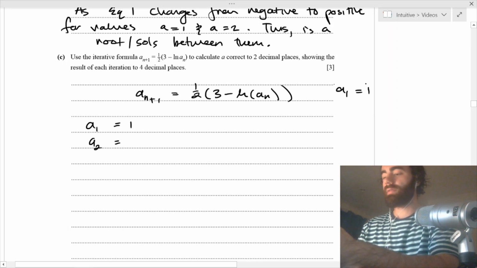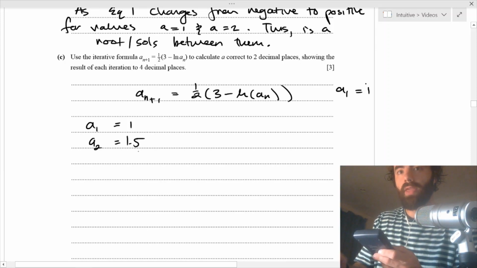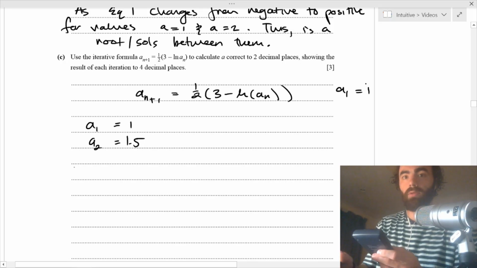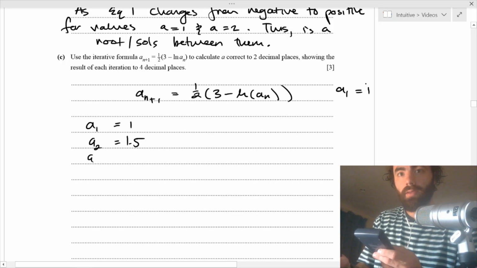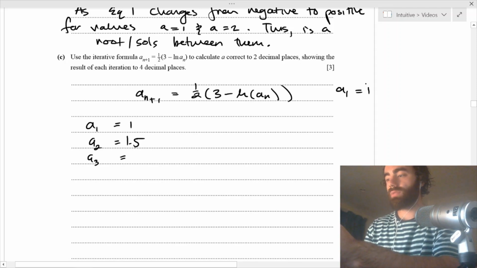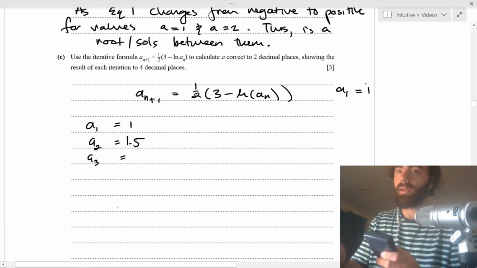So you plug it in, a half of 3 minus ln of 1, and you get 1.5. And then you plug 1.5 into here, and you just iterate through and keep going. So for A3, you just put the answer from here into here, and just keep going through.